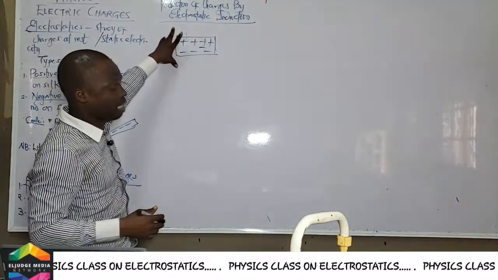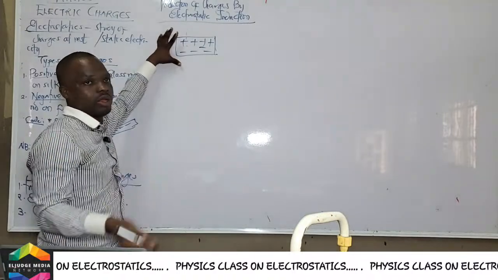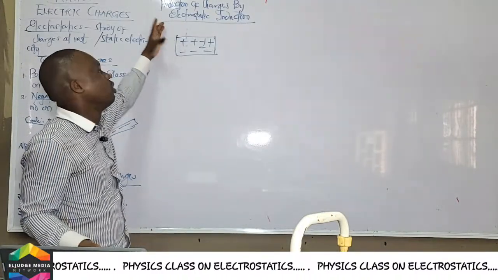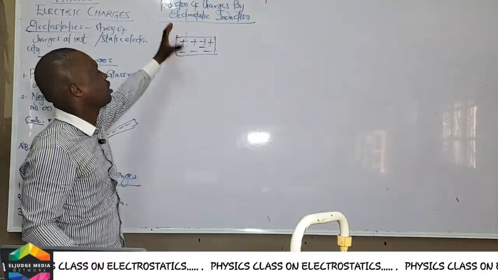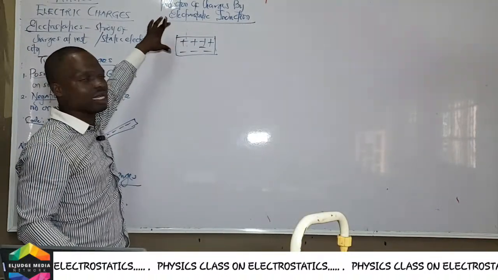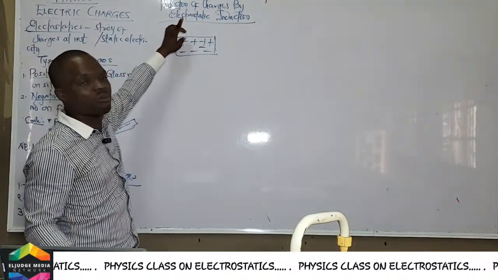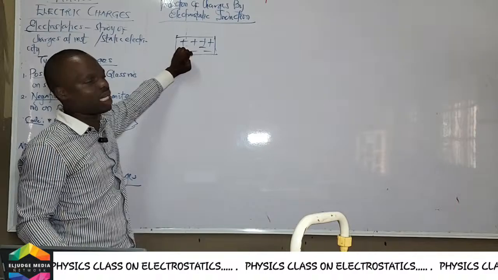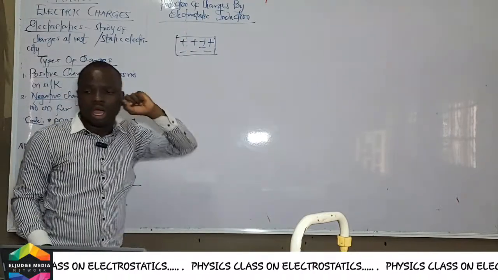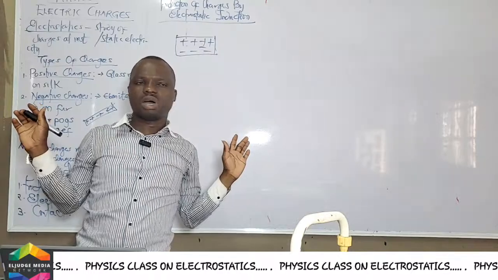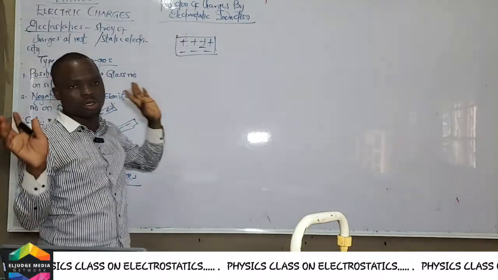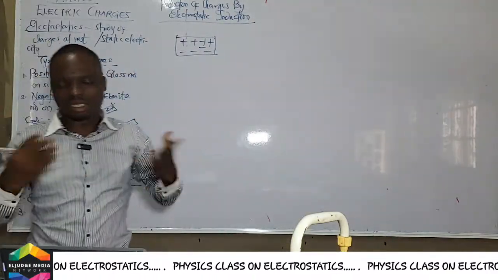But a neutral body, let's see that as an atom. In a neutral atom, we have an equal number of electrons and protons. So also, a neutral body has an equal number of positive charges and negative charges. In this case, this is not charged. This material is not charged because it's not carrying any excess charge.